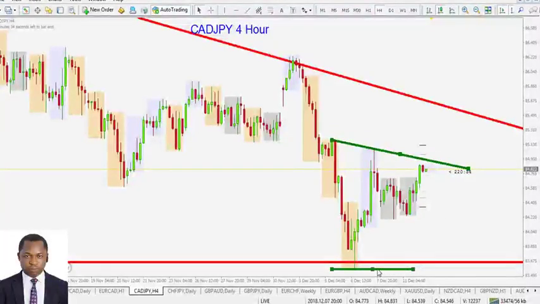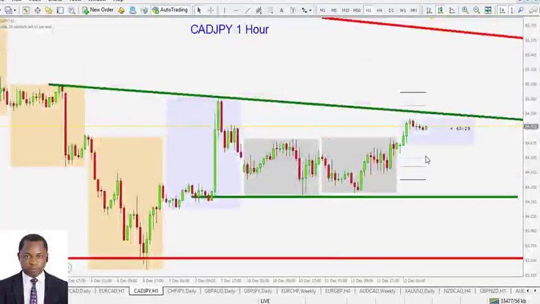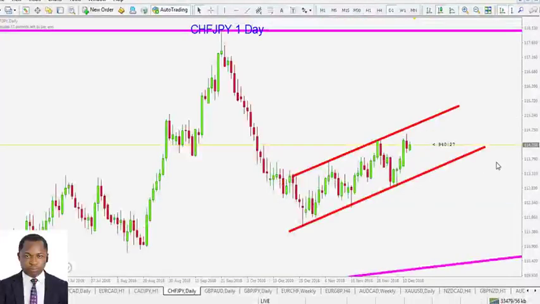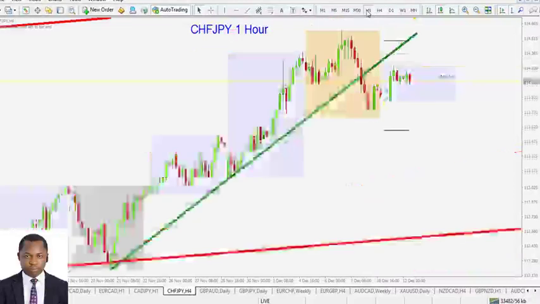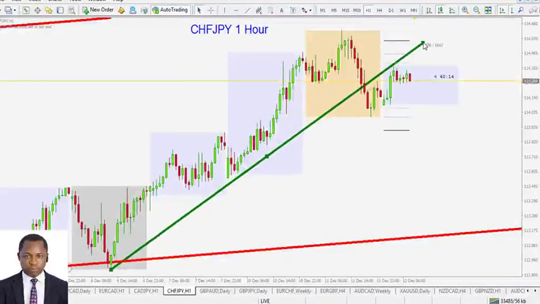Canadian dollar against Japanese yen. Difficult market to analyze. Swiss franc against the Japanese yen. Everything is still there. Not much of changes.